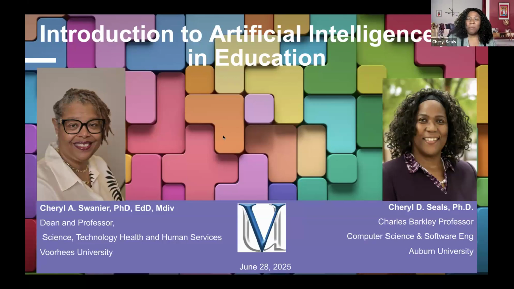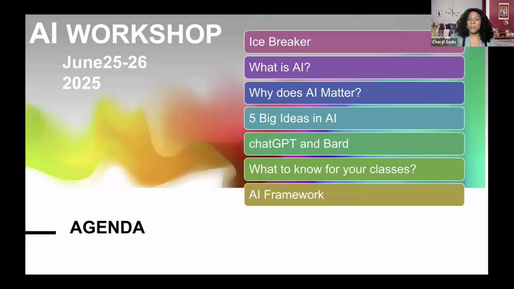We want to share a little bit about artificial intelligence. We've already done an icebreaker through the WAAW Foundation. What we're going to talk about is, what is AI? Why does AI matter? We're also going to look at the 5 big ideas in AI, and we're going to focus on ChatGPT.